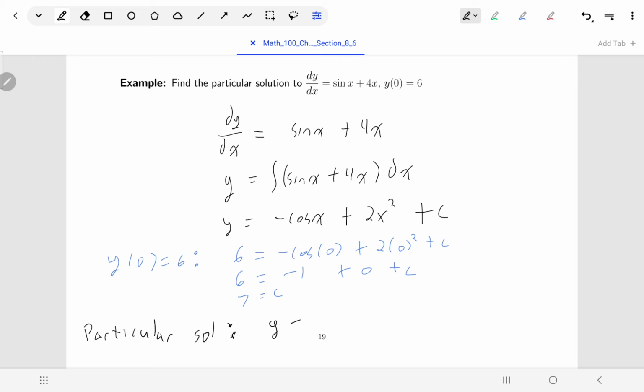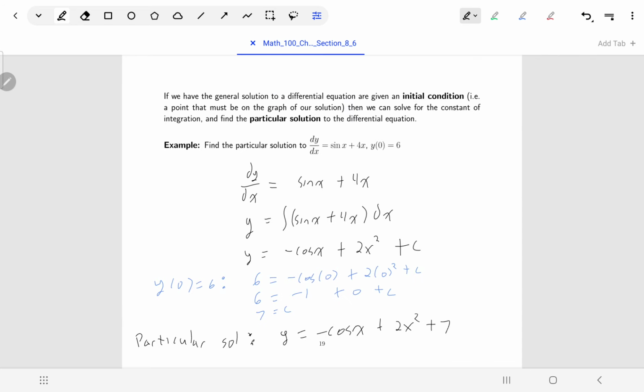So it's the equation y equals minus cosine x plus 2x squared plus 7. It's part of that family that's the general solution, so it does solve the original equation, and it also satisfies that initial condition y of 0 equals 6. So that is why it's the particular solution to that problem.